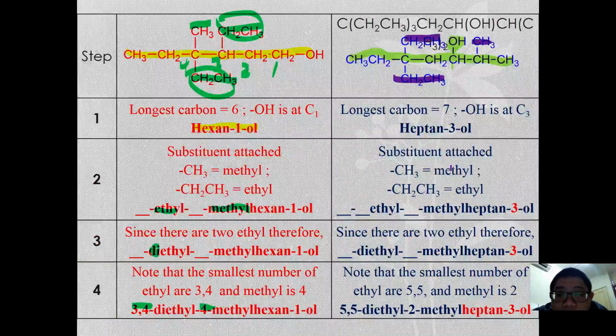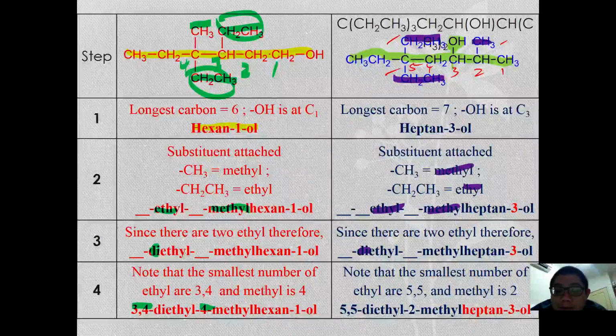So you have ethyl and methyl, ethyl first, then methyl. And if you have 2 ethyl, you have diethyl. And finally, since the numbering has been decided in the first step, this is C1, C2, C3, C4, and C5. Therefore you have 5,5-diethyl-2-methylheptan-3-ol. So this is how you are going to name some of the alcohols.